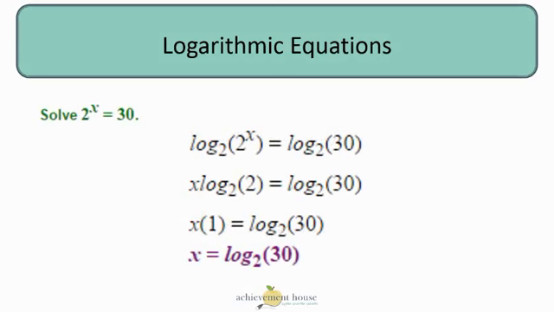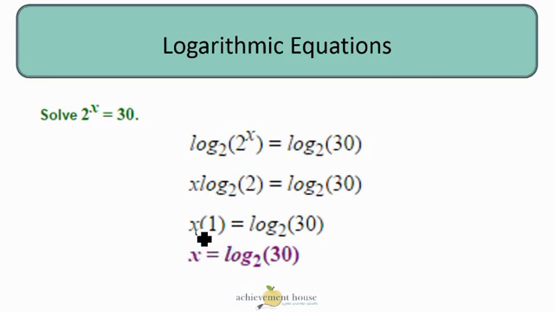Here's an example of a problem you might see and why we need logs to solve for x. So 2 to the x equals 30. There's no way to write 30 as a power, as an exponent with base 2. So let's use log base 2 of 2 to the x. Because we're using log base 2 and 2, log base 2 of 2 is going to equal 1.